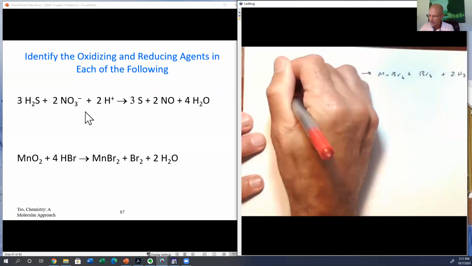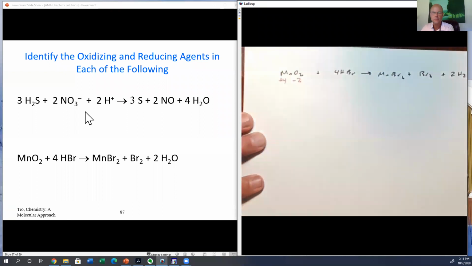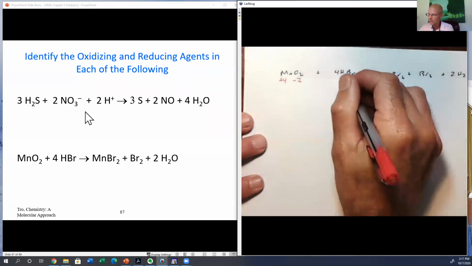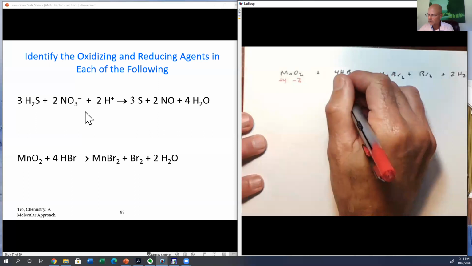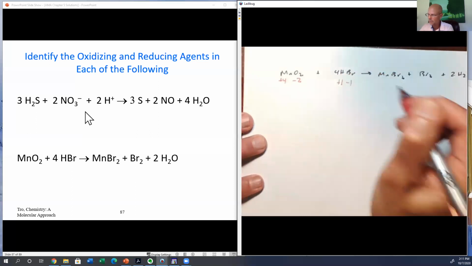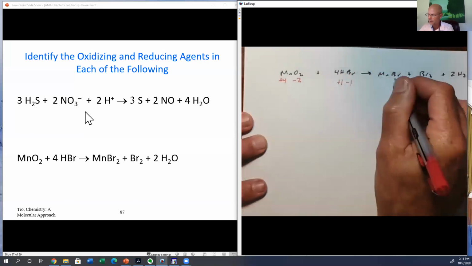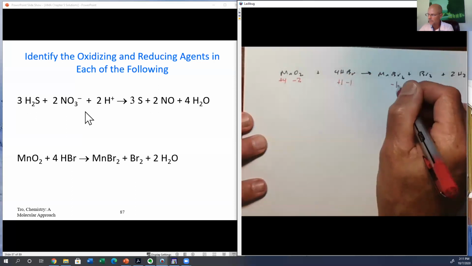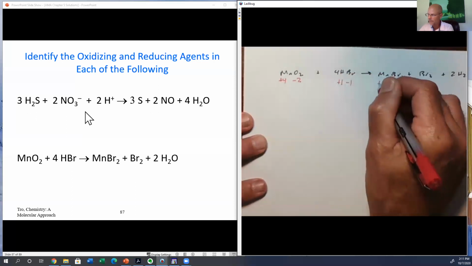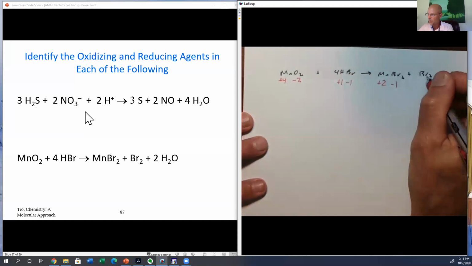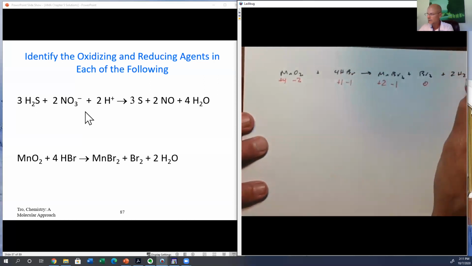There's 2 of them, so manganese has to be +4. Then over here, we go to hydrogen first. Hydrogen is +1, and then Br is -1. Here we go to bromine first. -1 times 2 is -2, and then that's +2. Br2 is a pure element, so that's 0. In H2O, hydrogen comes first, it's +1, and then oxygen is -2.